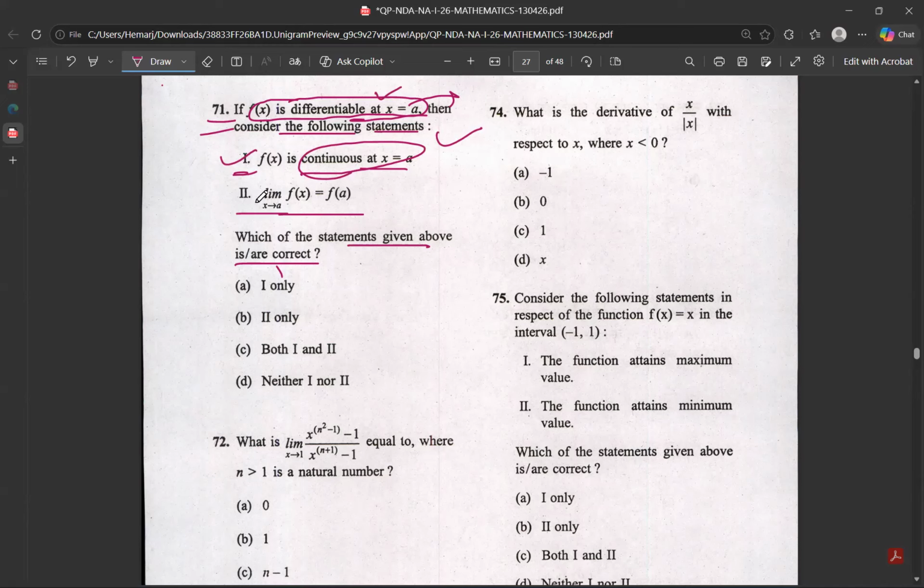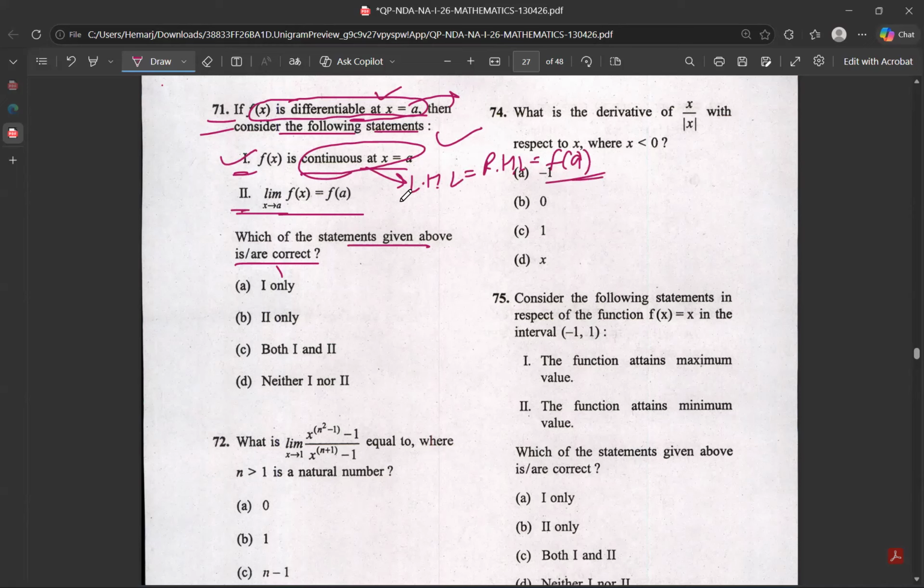Statement 2: limit x tending to a f(x) is equal to f(a). We can derive statement 2 from statement 1 as well. If a function is continuous, it means left hand limit will be equal to right hand limit, which will be equal to f(a).